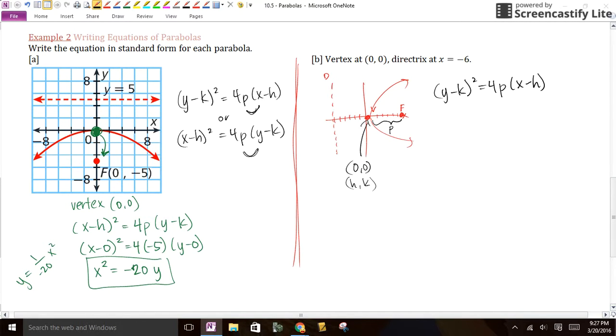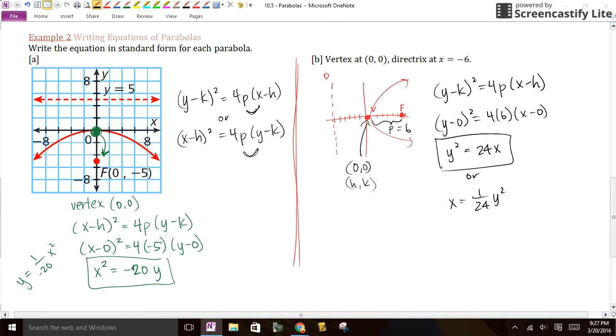The p-value looks to be +6, so I'm going to put a +6 in. So here you go. y minus 0 squared equals 4 times 6 times x minus 0, or what we would call y squared equals 24x. And again, the book would have it as x equals 1/24 y squared, right? So you could have either one of those.